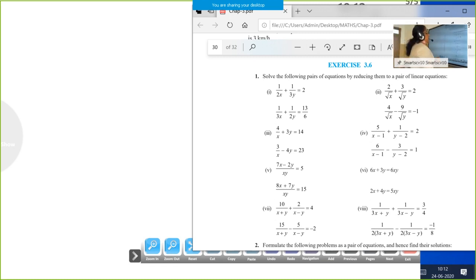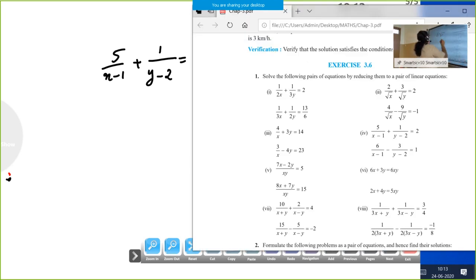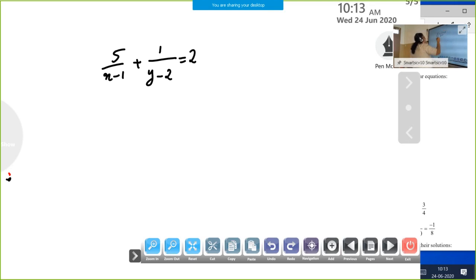5 divided by x minus 1 plus 1 divided by y minus 2 is equal to 2.